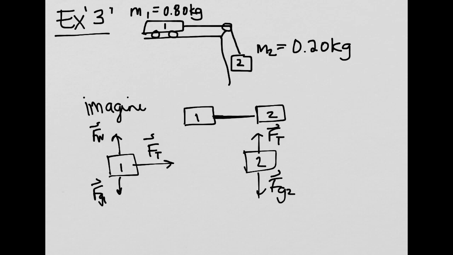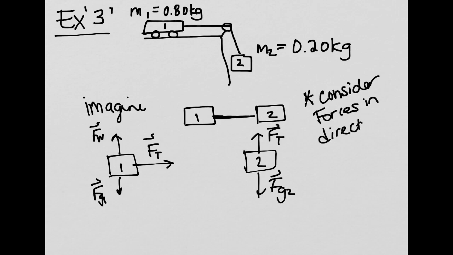When we do our analysis in this situation here, we only consider the forces in the direction of motion. So if you need to write that down, that's kind of important. Consider forces in direction of motion only. So what does that mean?